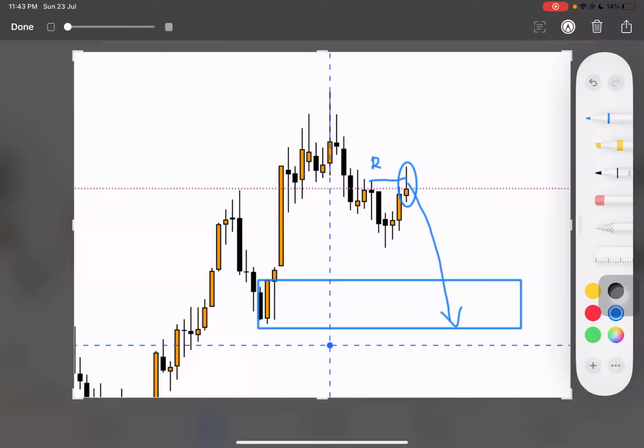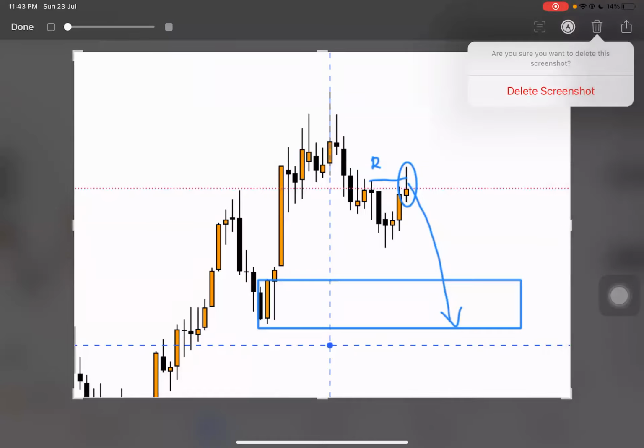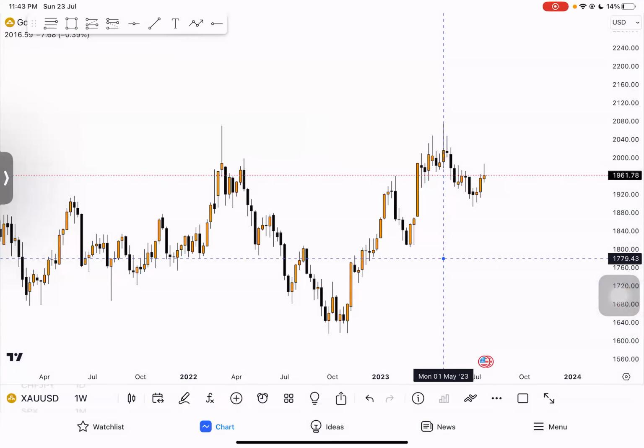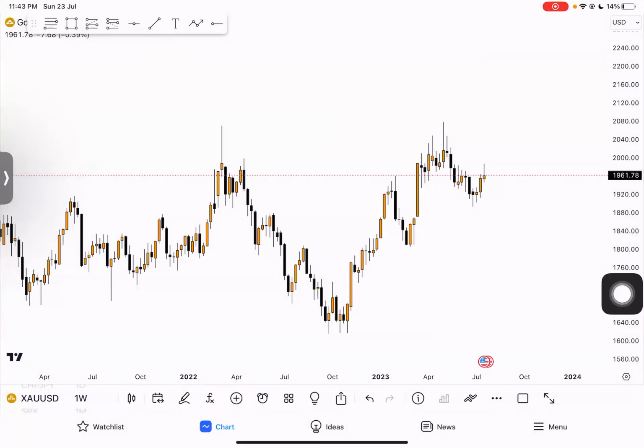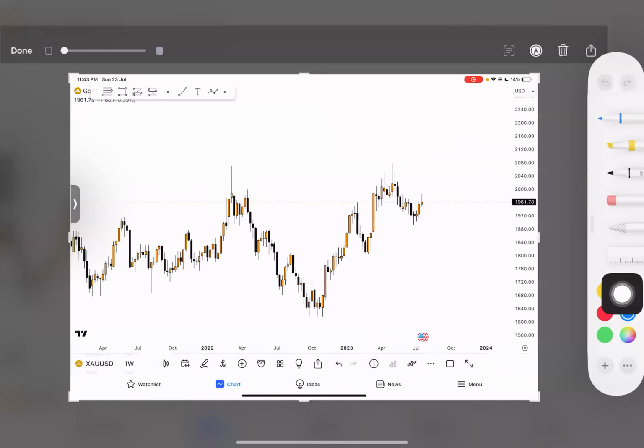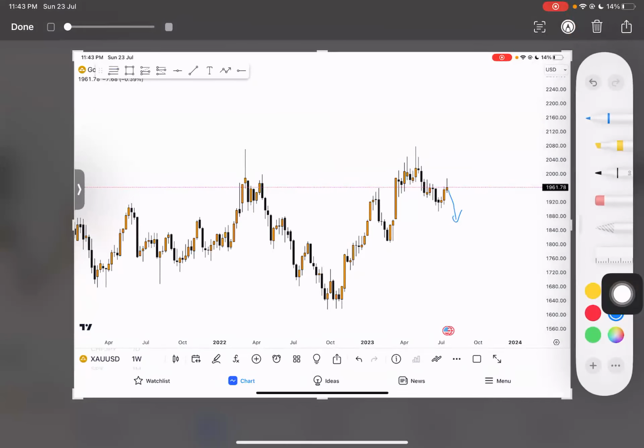Based on the weekly candles, it's still not able to create a new high. Like what I said just now, if it's not able to create a new high, most likely it goes down. Most likely, but you have to wait for the breakout of the previous low also.